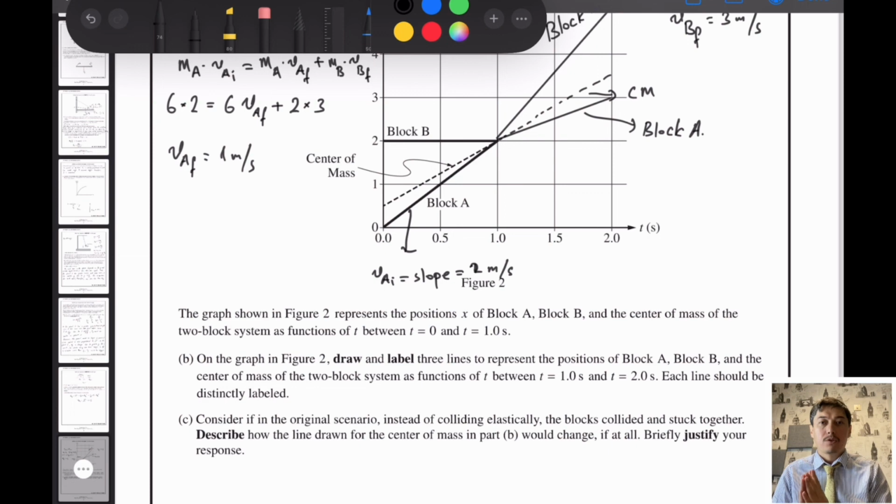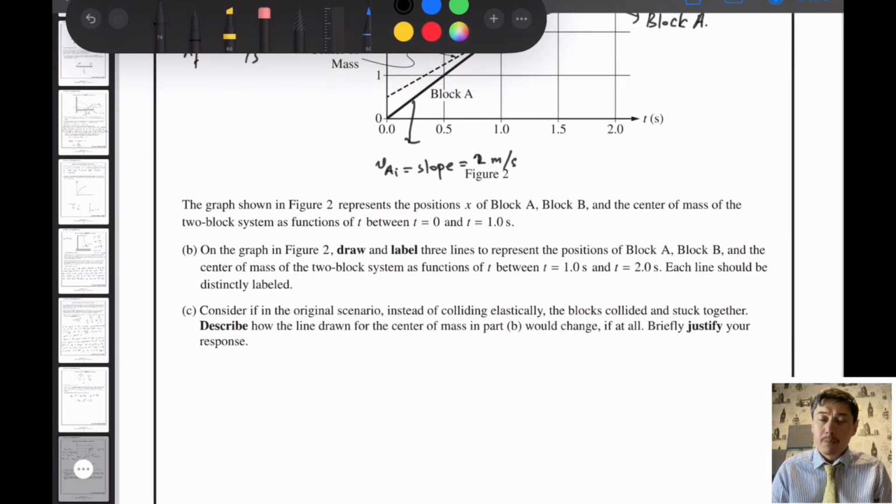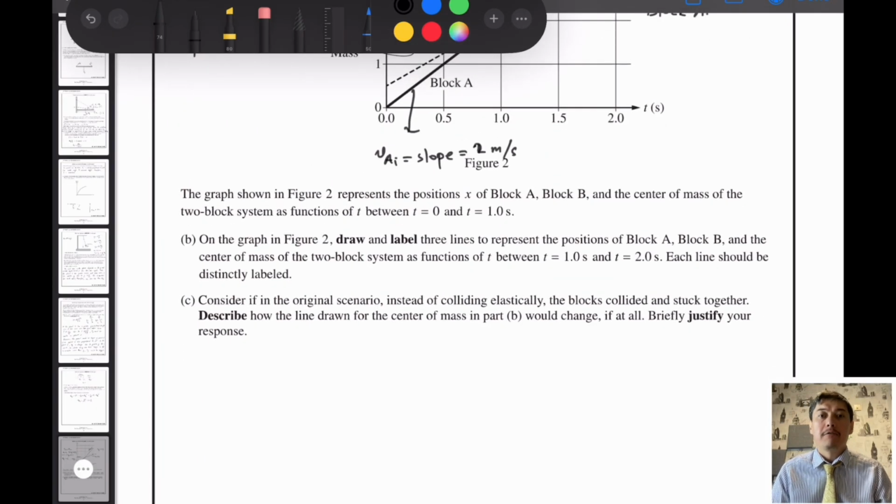Now we shifted to inelastic collision. Energy is not conserved, but momentum is conserved. In both cases, we are not having any external forces. That means the center of mass is going to continue to change at the same rate in both cases, before the collision and after the collision.